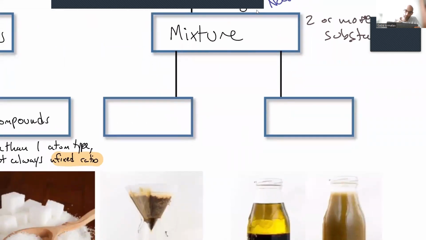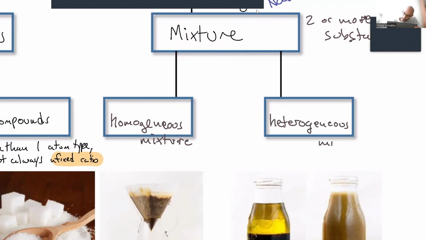Again, what we need are two or more pure substances. Mixtures come in two different forms: a homogeneous mixture or a heterogeneous mixture. I'm going to rewrite that because my writing is terrible.